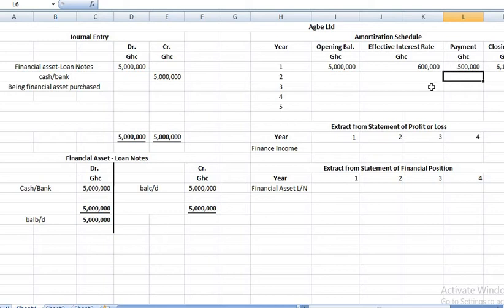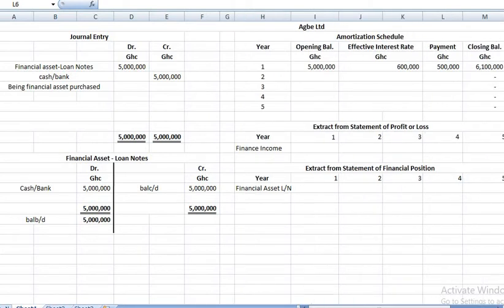And then we have our closing balance. So our payment has to be in brackets, which we didn't do. So let's do it now. Our payment has to be in brackets, or it has to be negated.